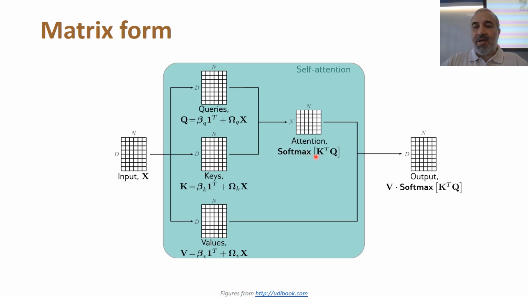After we get the self-attention weights, we multiply that with the values to get the output vectors. We call this the self-attention sublayer.